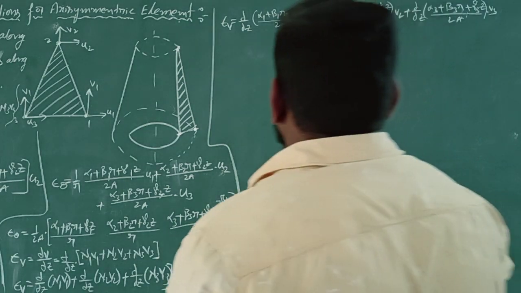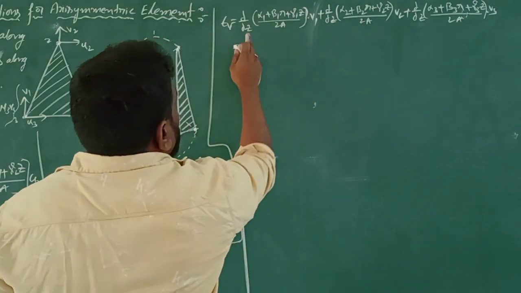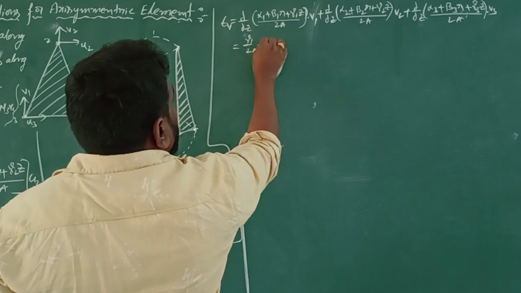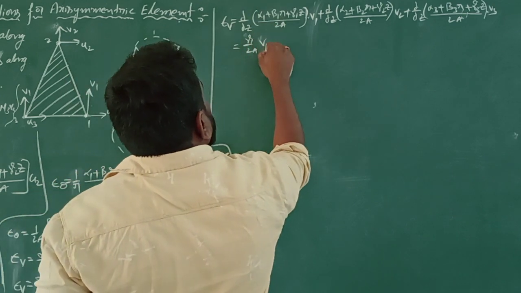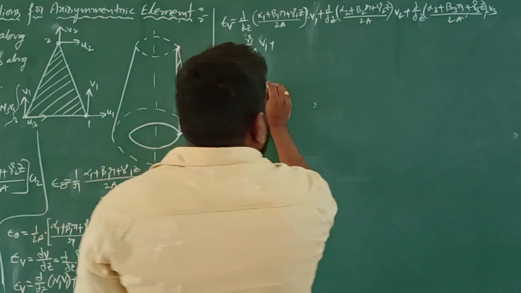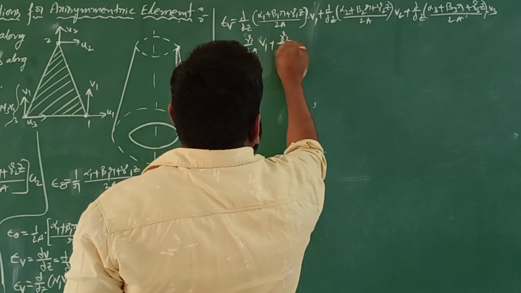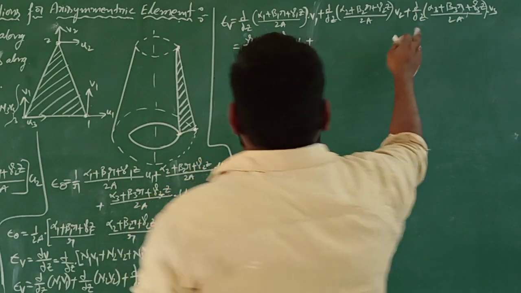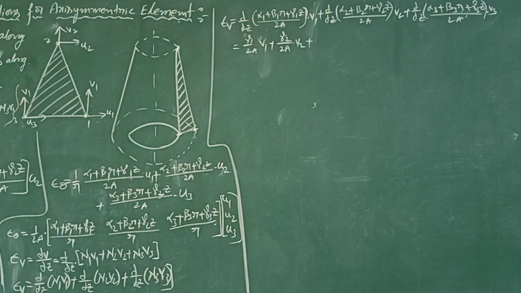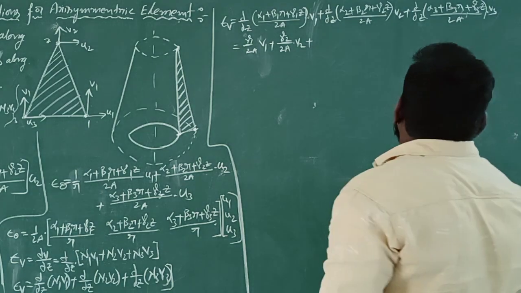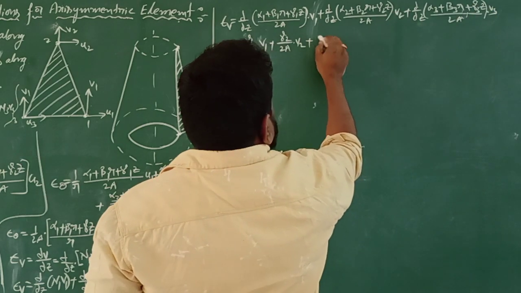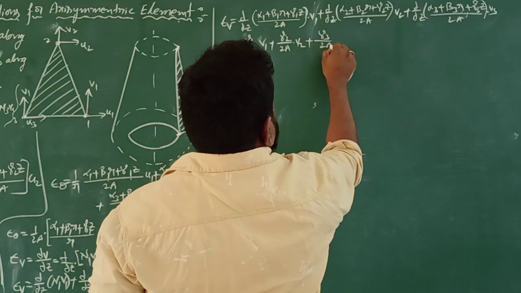So we differentiate each and every component with respect to z. Here we got gamma 1 by 2a into v1 plus gamma 2 by 2a into v2, and after differentiating each component, gamma 3 by 2a into v3.